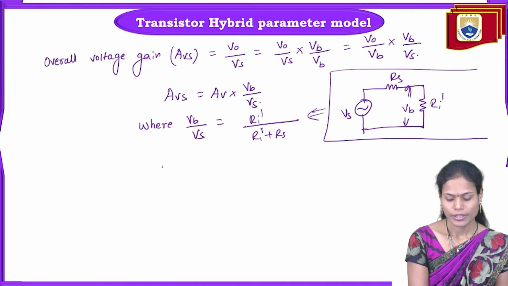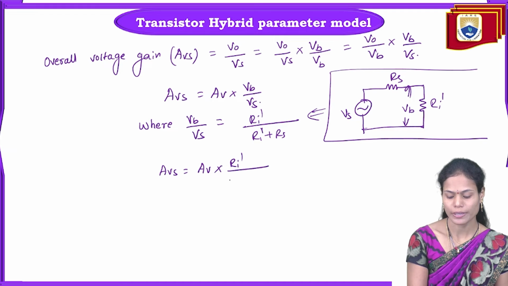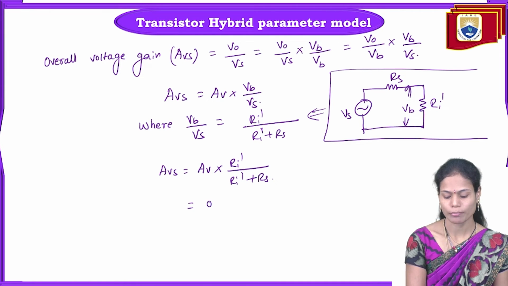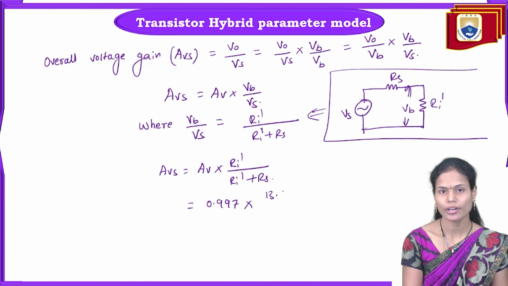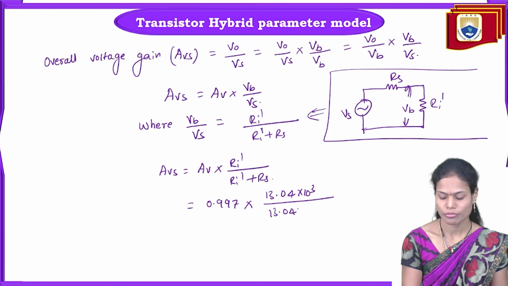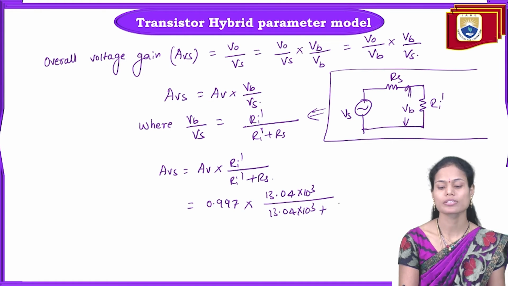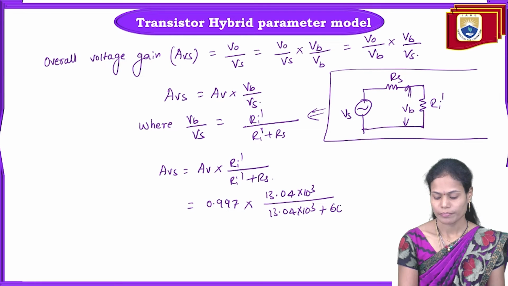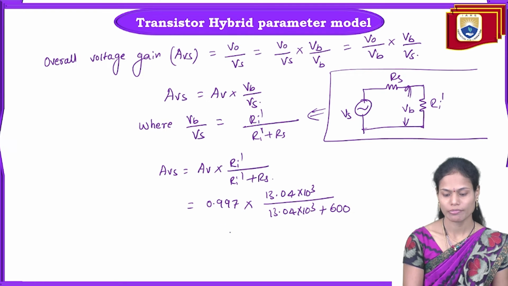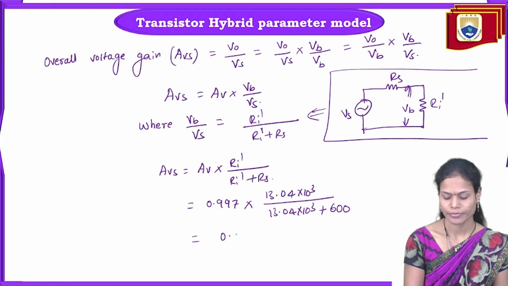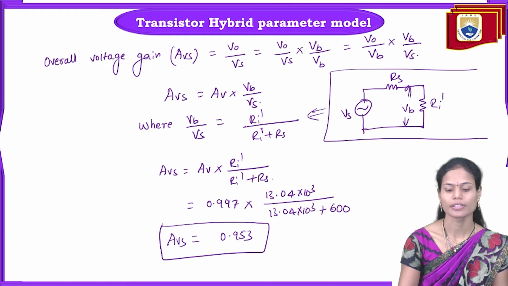So AVS is equal to AV into Ri dash by Ri dash plus Rs. Substituting the values: 0.997 is the voltage gain, Ri dash is 13.04 kilo ohms, divided by 13.04 kilo ohms plus the source resistance of 600 ohms. If we simplify this, we will get 0.953. This is the overall voltage gain.